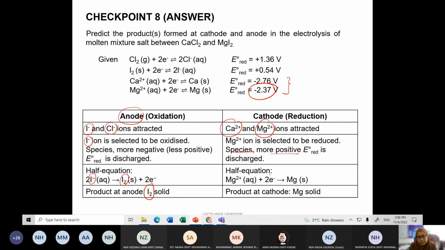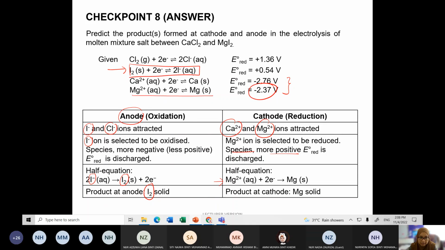So for the reduction equation, it is the same as the one that we have from the SRP, from the reduction equation table last time. It's not a problem. The thing that students tend to do is, when the question asks for the oxidation reaction, they tend to give this equation, which is in the form of reduction.